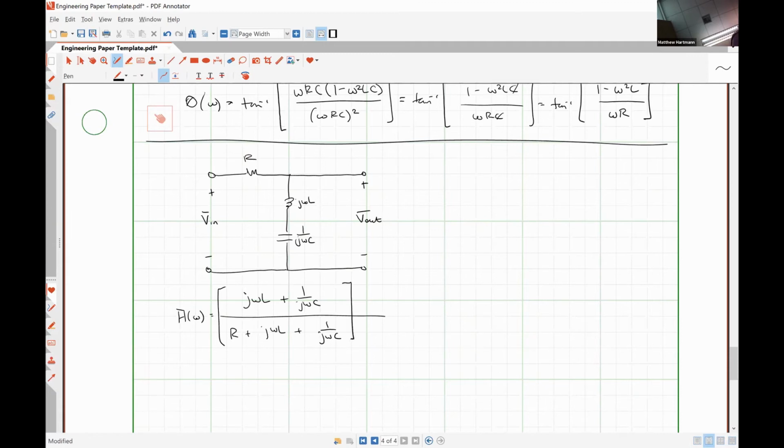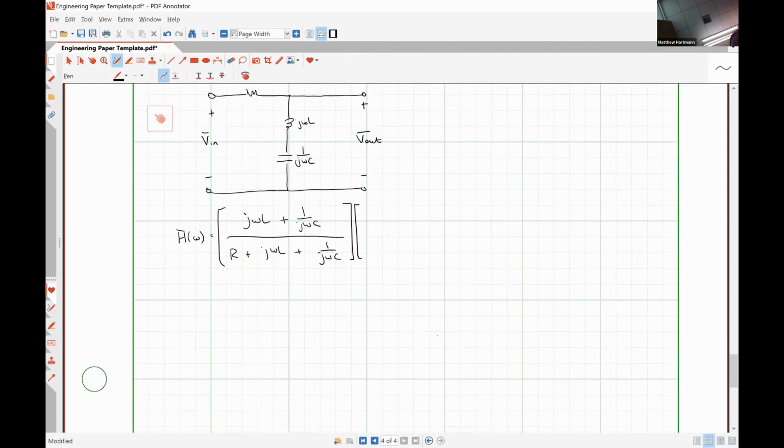And let's multiply through by a factor of j omega C over j omega C here. All right, so j omega L times j omega C is negative omega squared LC.